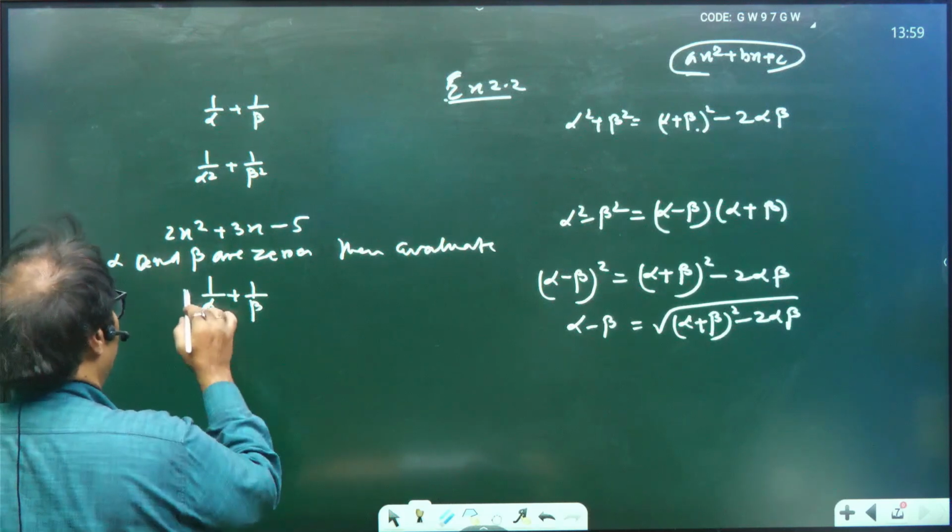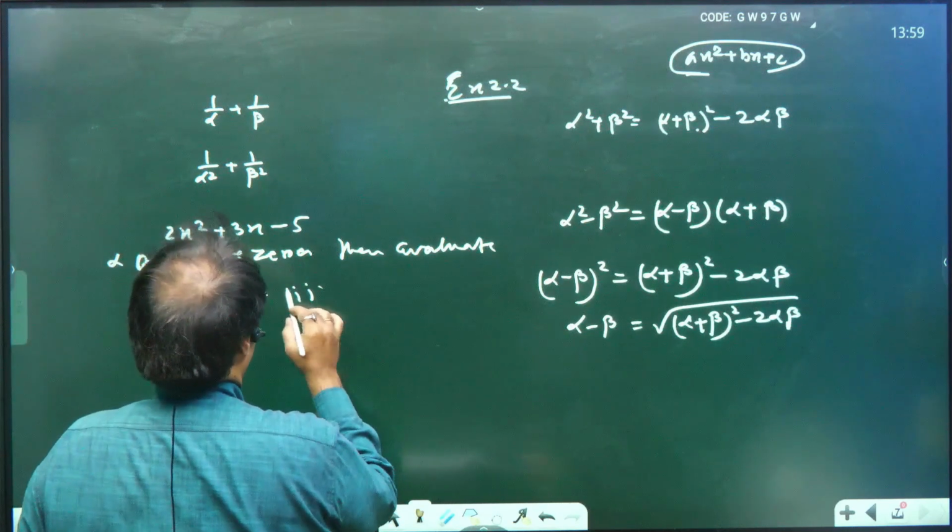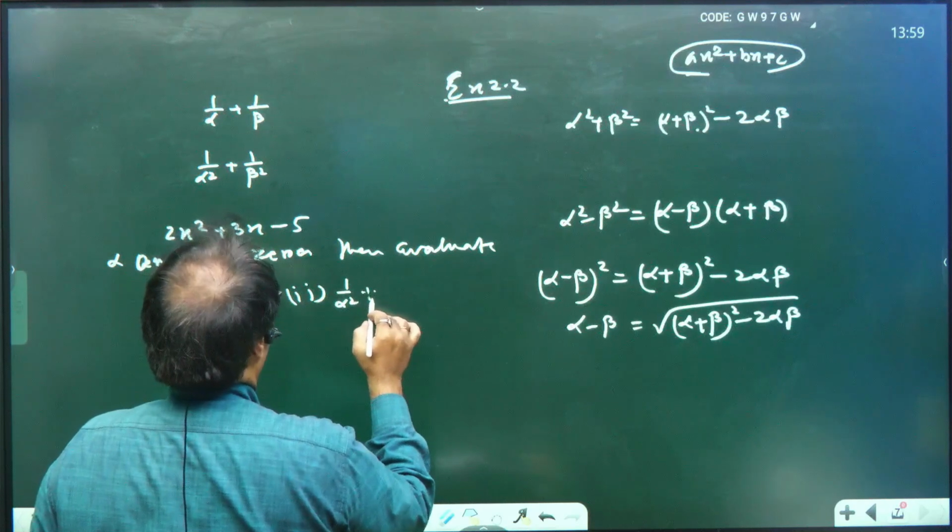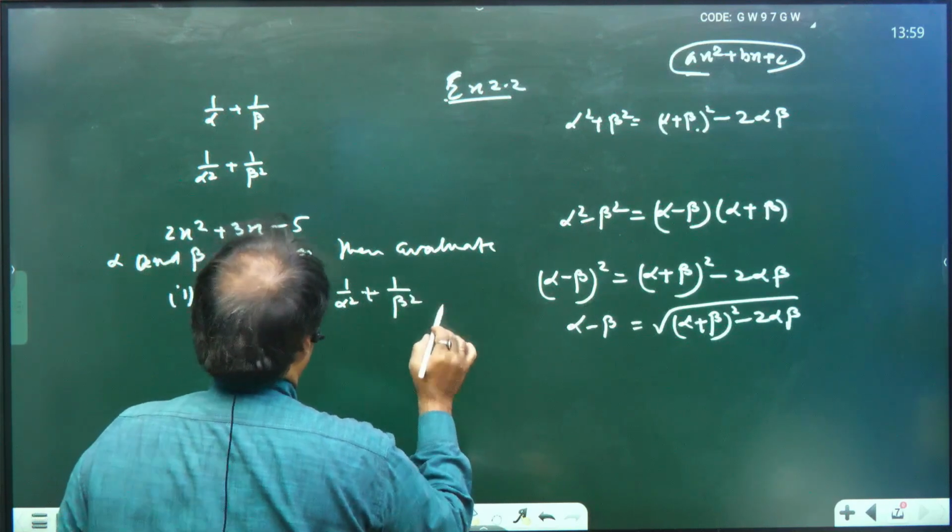This is the first part. The second part is 1 upon alpha square plus 1 upon beta square.